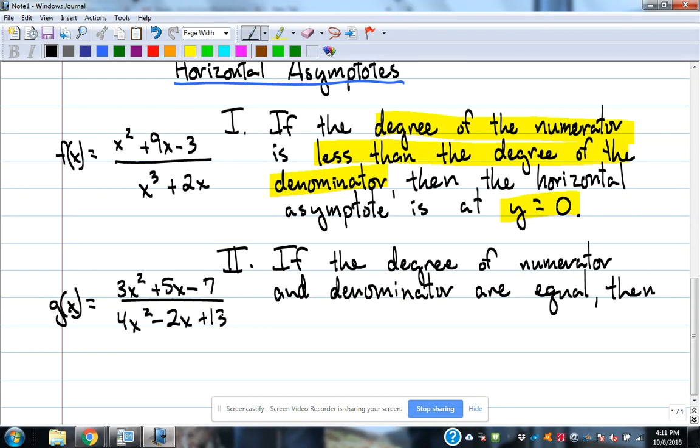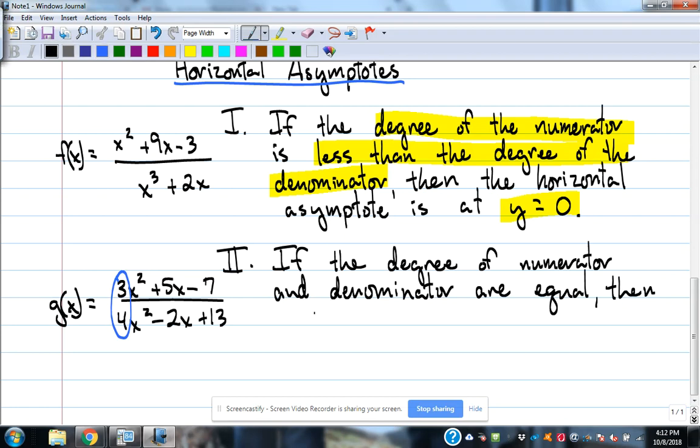The degree of the top is 2. The degree of the bottom is 2. The horizontal asymptote will be at the ratio of the leading coefficients. So the leading coefficients are the number in front of the highest power of x.